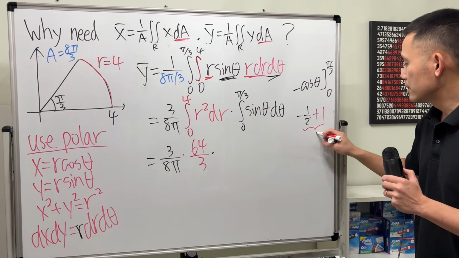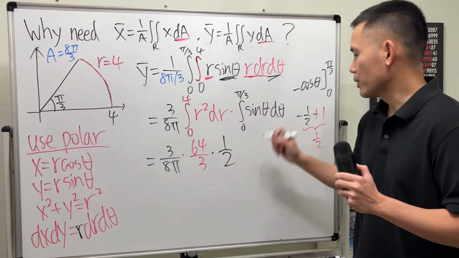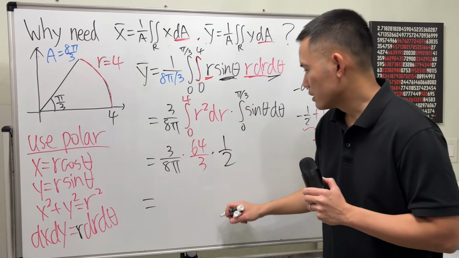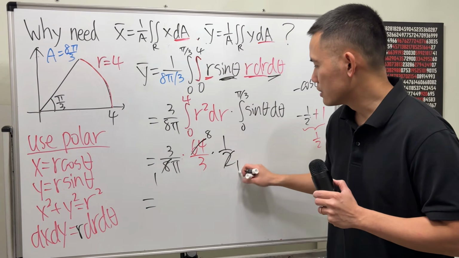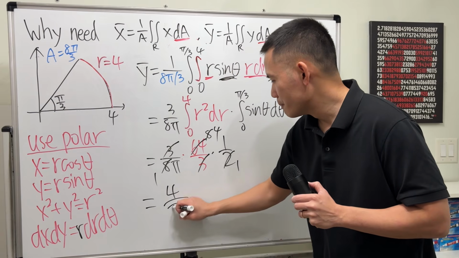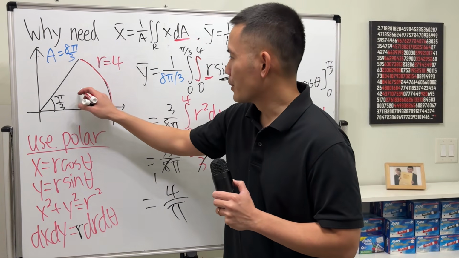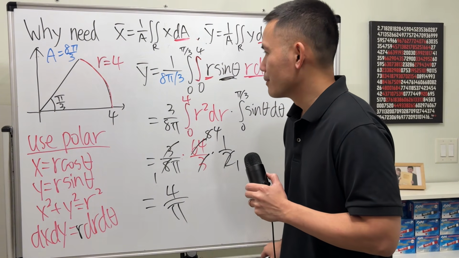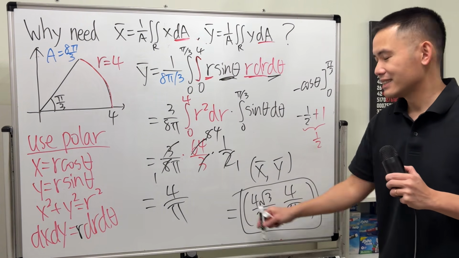So this right here, we get positive 1/2. Okay, cancel, cancel. This is 1, this is 8, this is 1, this is 4. Cancel this out. So 4 over pi. So maybe somewhere here, I'll just write down this answer here. That's it.